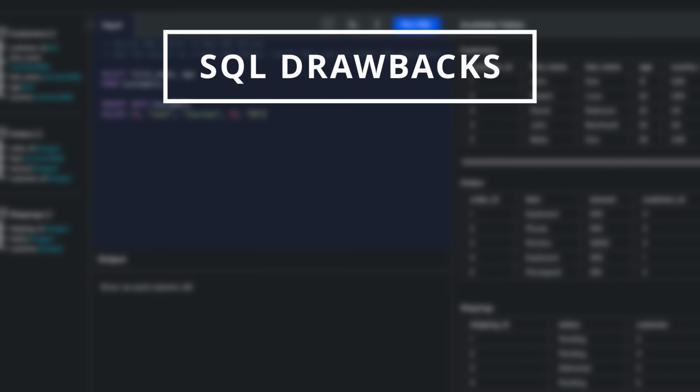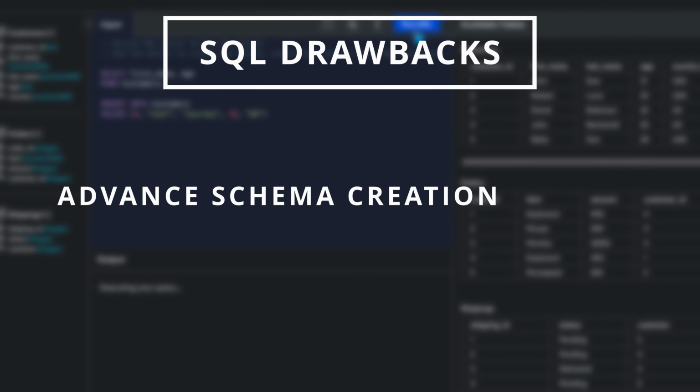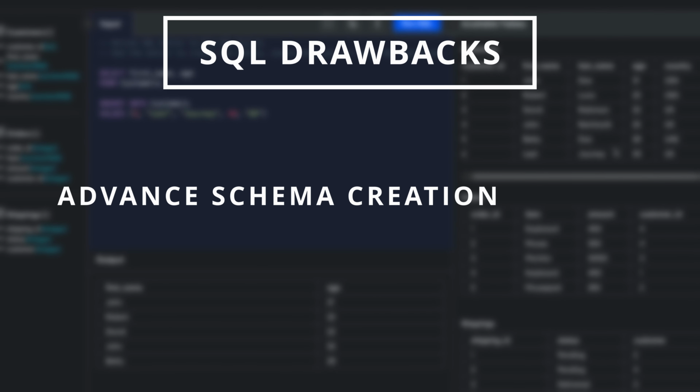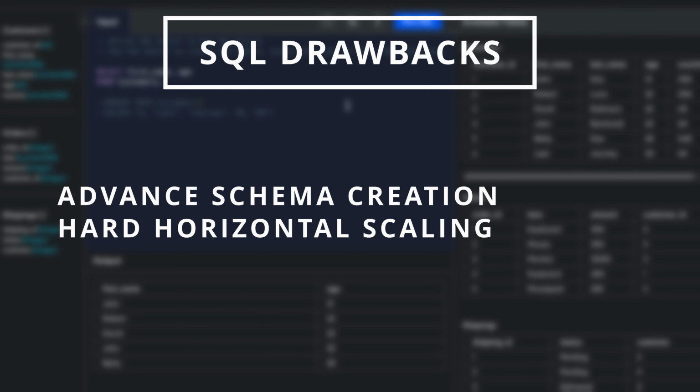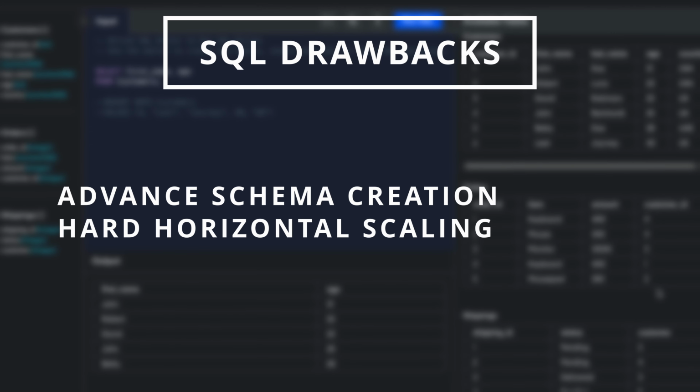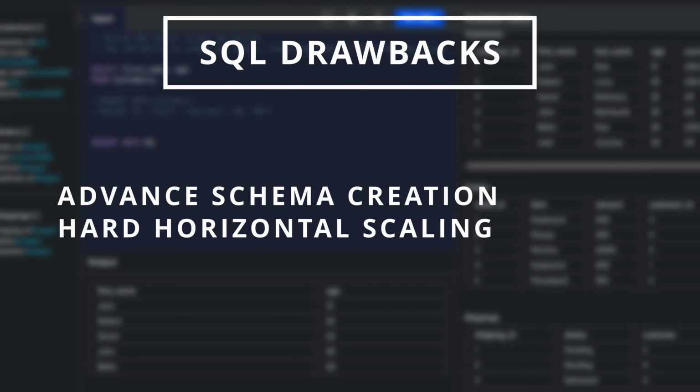The main one being that table structures must be created in advance, which can be time consuming. These kinds of databases are hard to scale horizontally because of the relations between the tables. So when additional processing power is required, these kinds of DBs are vertically scaled by adding additional hardware, which is costly and harder compared to just provisioning extra servers.